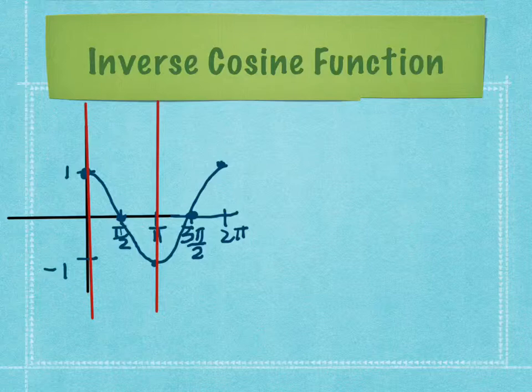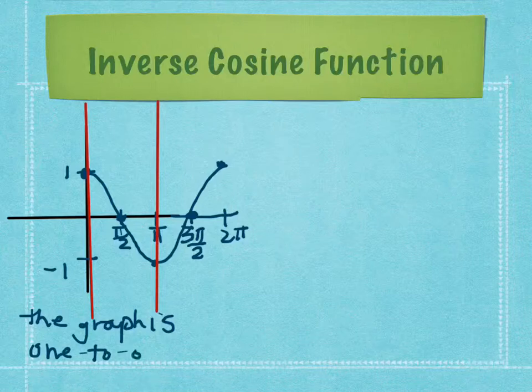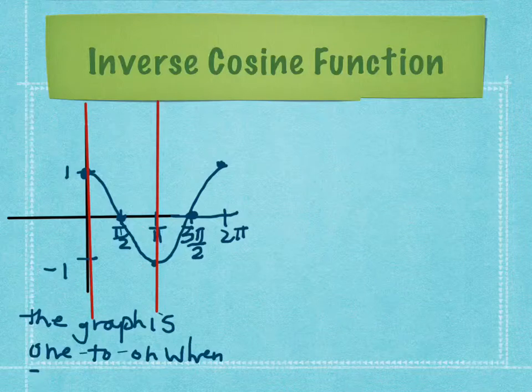Yeah? So that's the thing I'm going to write here at the bottom first. So the graph is 1 to 1 when 0 is less than or equal to x is less than or equal to pi.